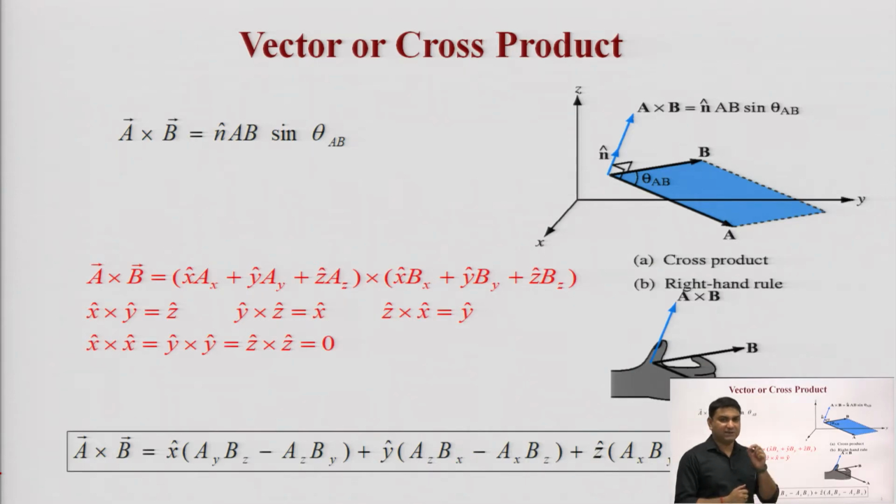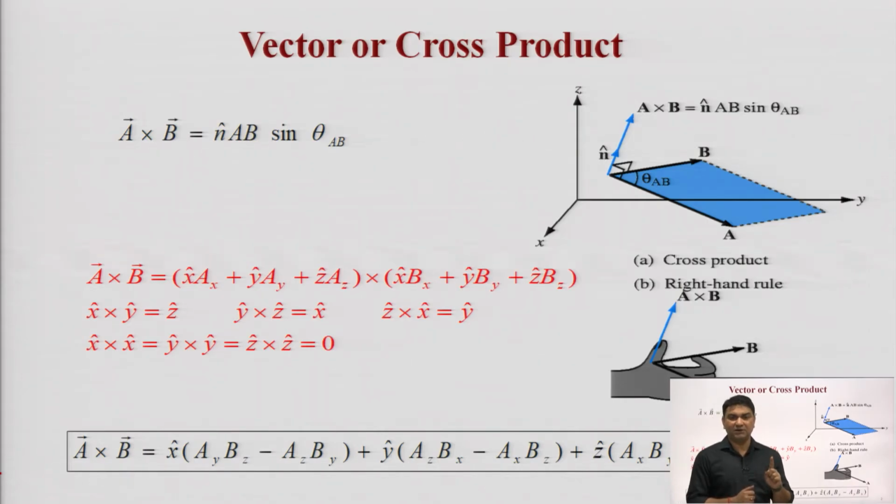What is this n unit vector? Actually, this n unit vector has the magnitude of unit 1 and the direction of the AB sin theta vector.